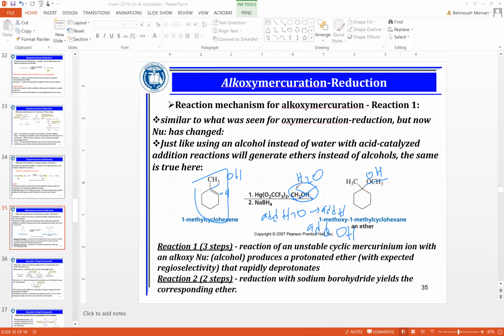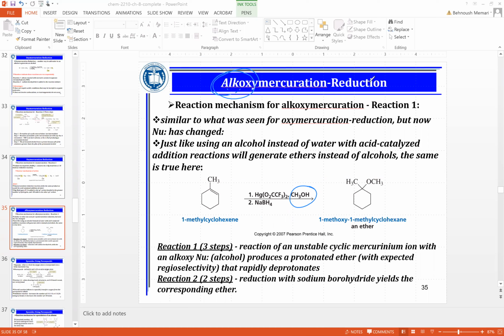If you had water, H will be added to the carbon with more hydrogens, and OH will be added to the more substituted carbon. But in this case, you're adding alcohol. So when you add alcohol, you don't say oxymercuration, you would say alkoxymercuration.